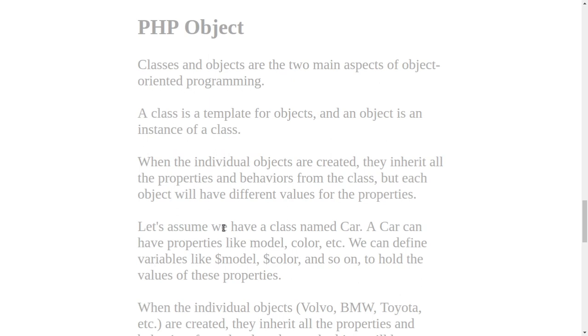Let's assume we have a class named Car. A car can have properties like model, color, etc. We can define variables like $model, $color, and so on to hold the values of these properties.